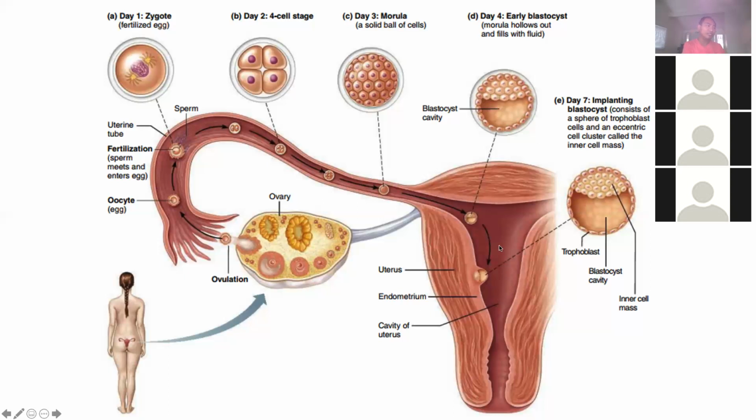If the conditions are not favorable, it will come out through the cervix and the vagina, and so you lose the fetus. Usually it wanders around inside the uterine cavity for about 2 to 3 days, from day 4 to day 7.